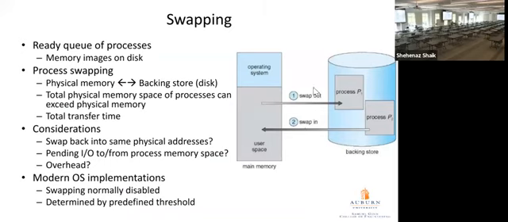So that is an overhead with this approach. The overall transfer time, the swap in and swap out time, will have an impact on the overall context switch time. So that's one thing that we have to remember.